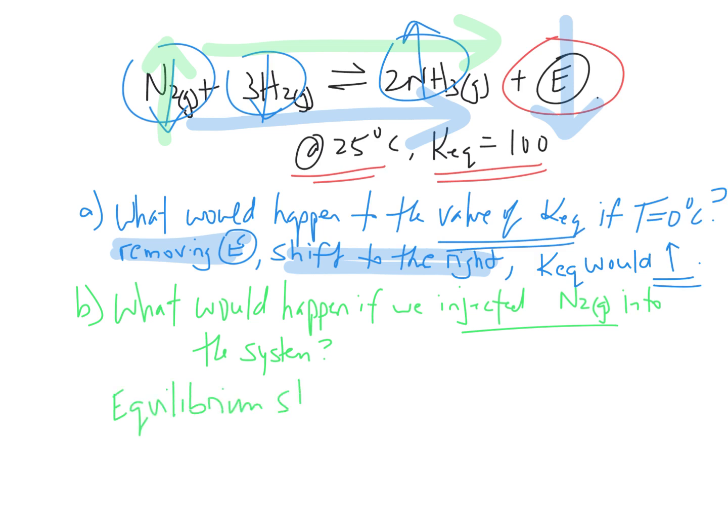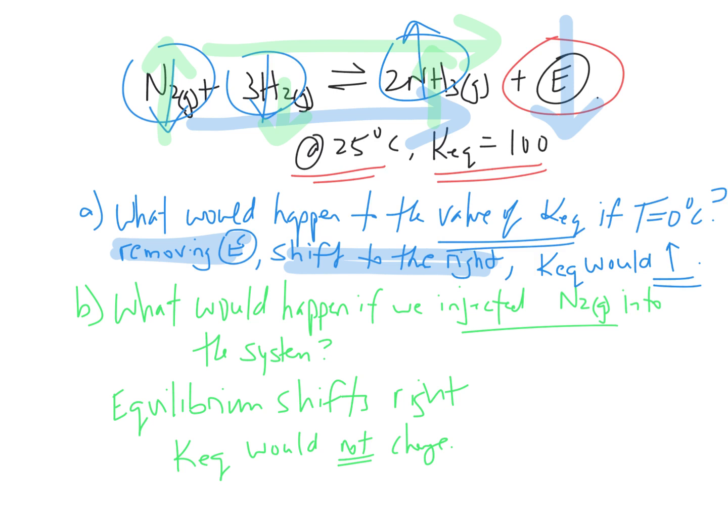Shifts right. What would happen to the equilibrium constant, though? Remember, the equilibrium constant would not change. And if you're looking for the rationale for that, remember that although we increased N2, what would happen correspondingly is we would see a decrease in hydrogen gas because some of that hydrogen gas is being used to react away the N2, and we would see an increase in ammonia, in NH3.